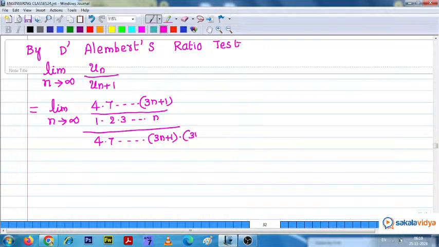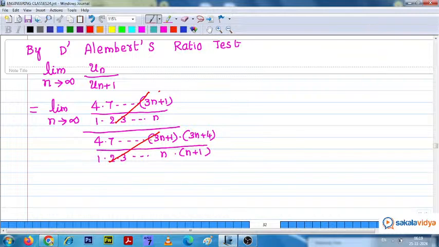Next term is 3n plus 4. Am I right? Divided by 1 into 2 into 3 into so on n into next term is n plus 1. So now it's very clear that this term 4 into 7 into and so on 3n plus 1 by 1 into 2 into 3 into so on n, the same will get cancelled.